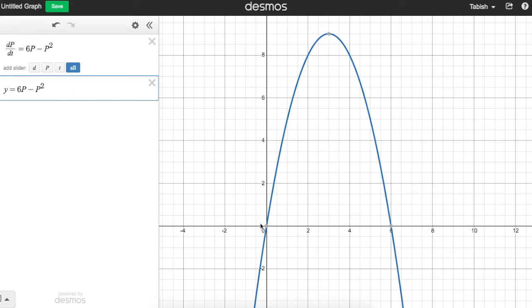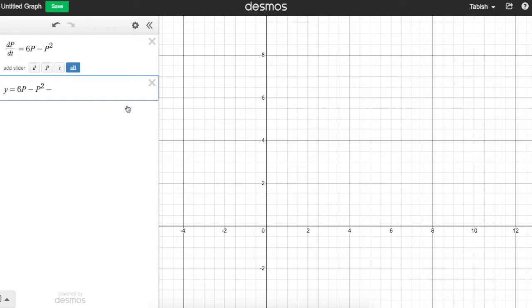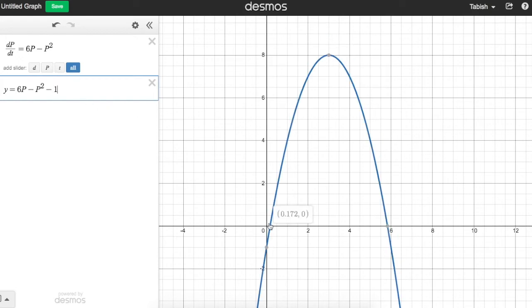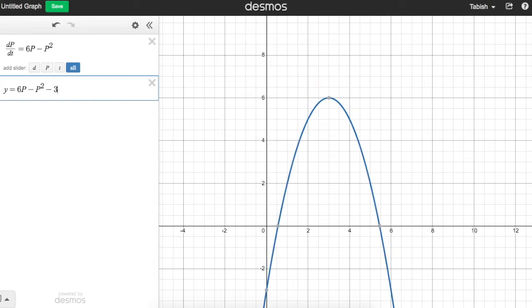So we can see right now it's just showing the population unaffected, thriving on its own. Say we decide to fish one fish. We see that now the equilibrium values are getting closer together. And this is exactly what we'd expect to happen, because as we increase this, those values are going to keep getting closer together.